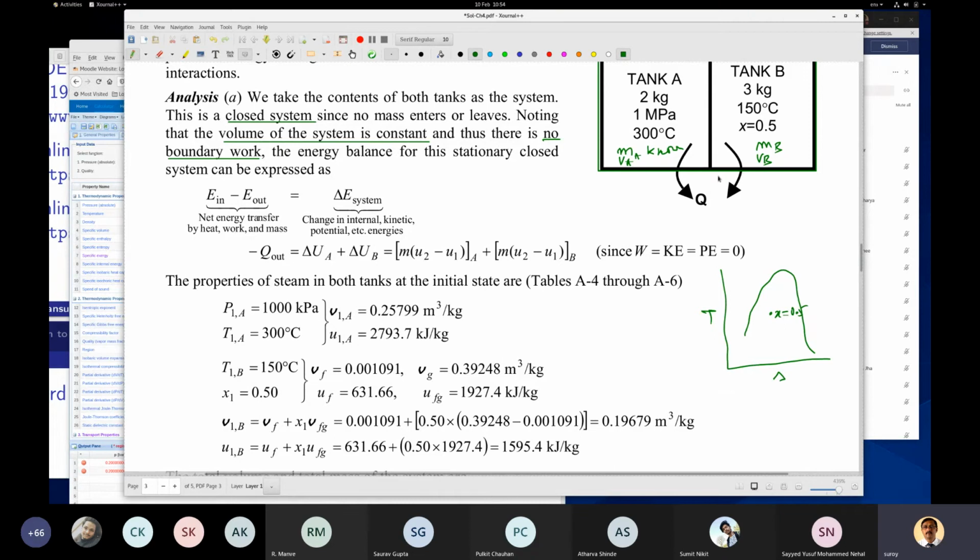So then the properties become known to you. Let us see how it is to be done.